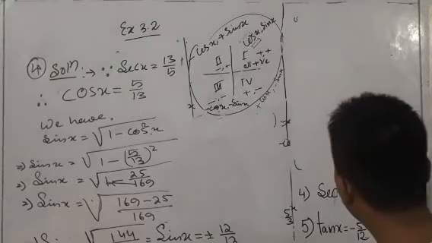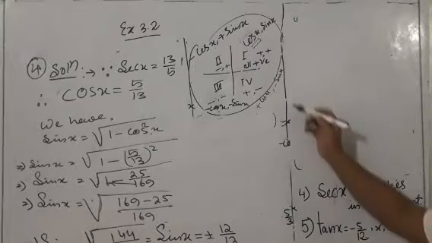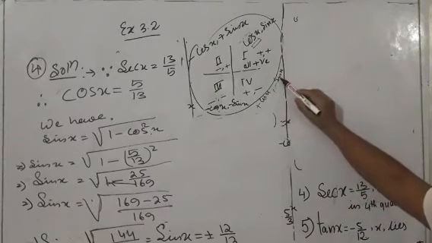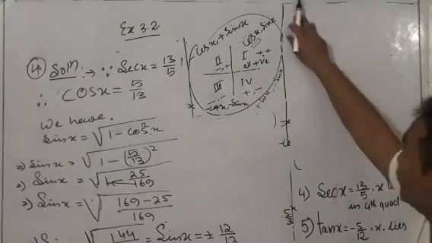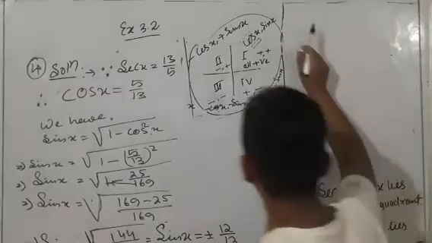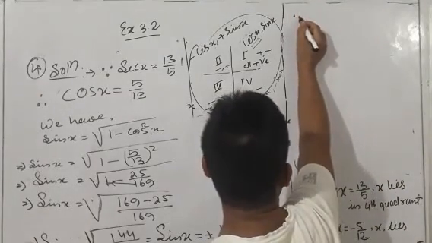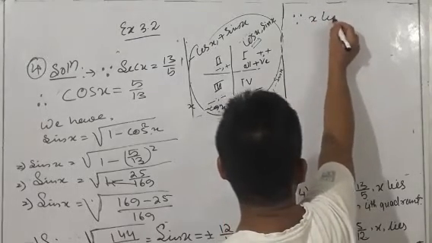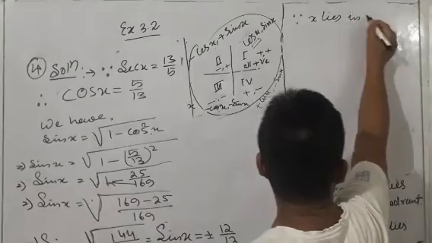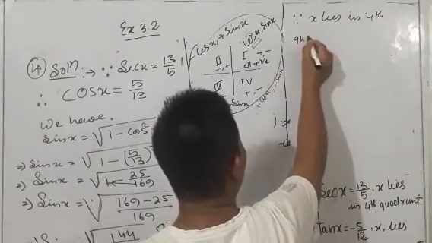Okay. That means we have to decide whether to consider the positive value or the negative value. Since sin x is negative in the 4th quadrant, we consider the negative value of sin x, since x lies in the 4th quadrant.